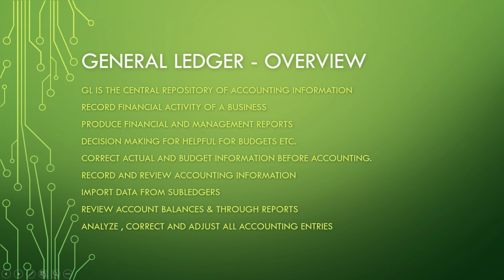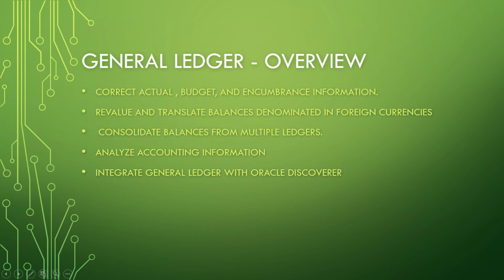In any ERP, if you run a trial balance, a balance sheet, or a profit and loss account, everything comes from the general ledger module. If you go for SAP or Oracle or whatever ERP, finance is there. General ledger is a key module, not only for financial modules; HRMS, SCM, and all other modules flow into GL.